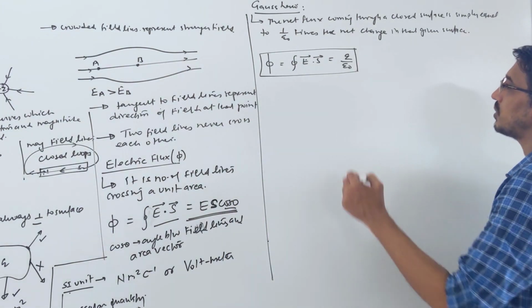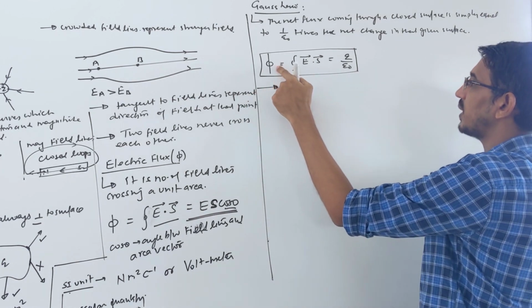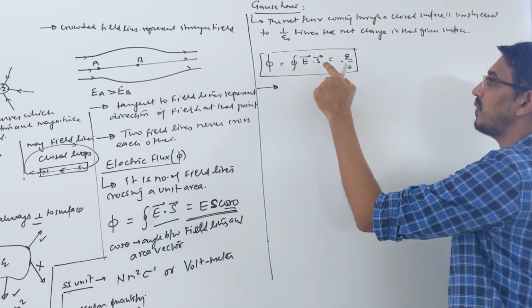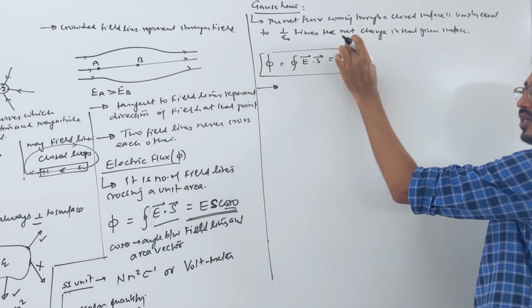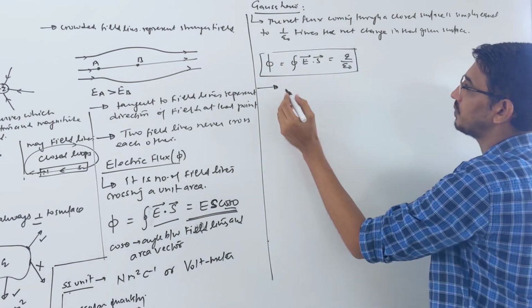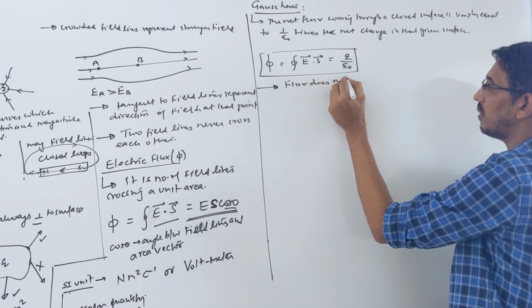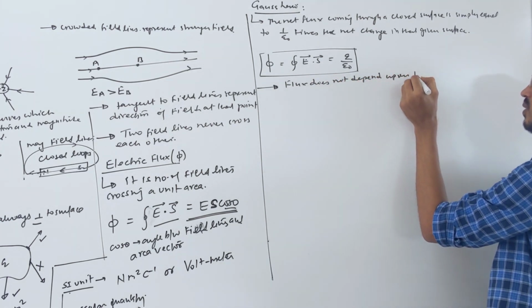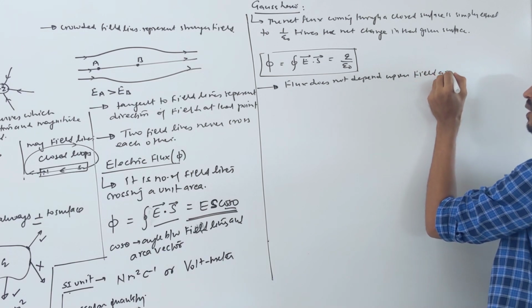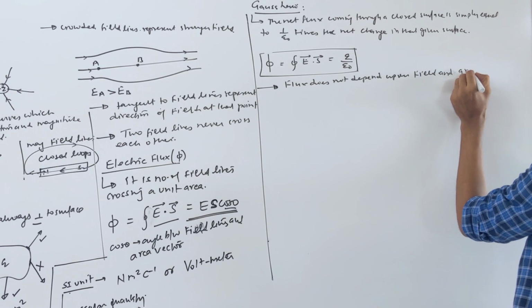Watch carefully, small things we talk here. If you watch this formula, flux looks like it depends on electric field and area, but it does not. It depends only on your charge. So I am writing small points here. Flux does not depend upon field and area.